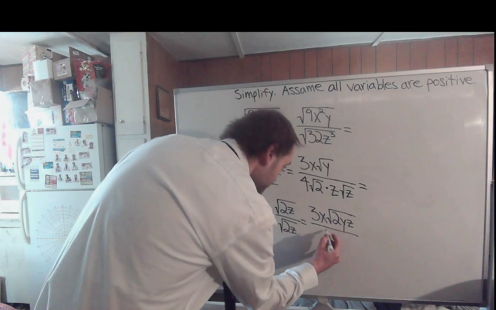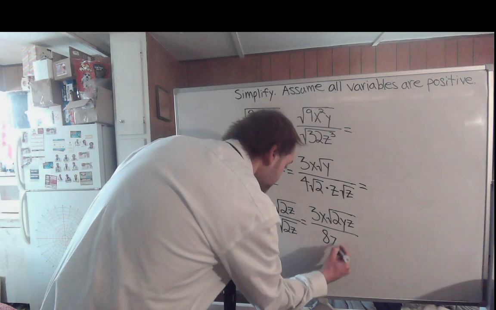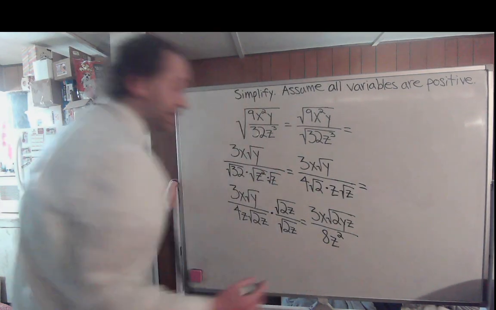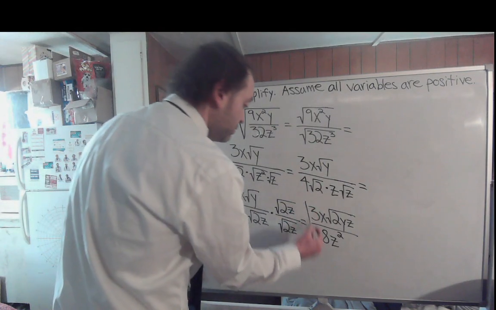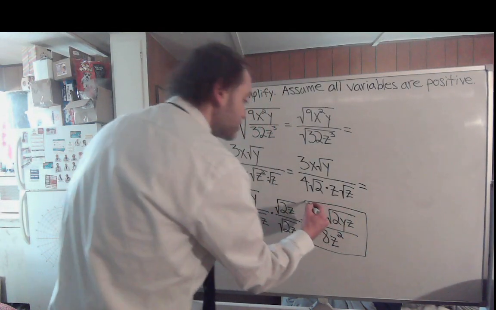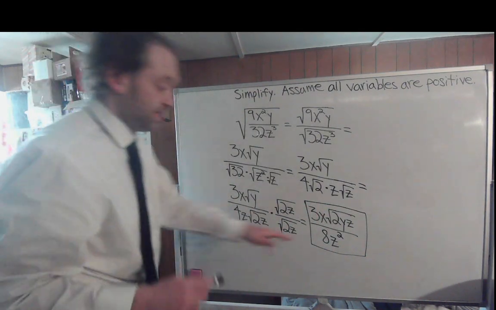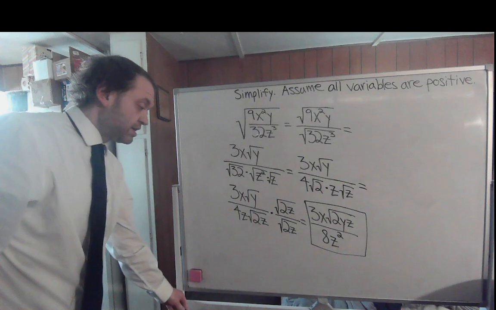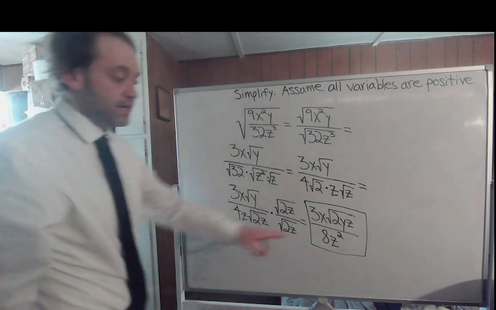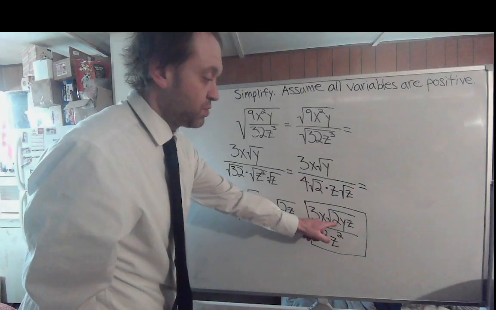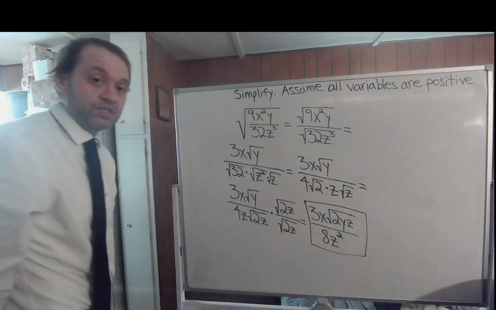That would be 8z squared. In fact, that's the best you can simplify. You'll end up with 3x times the square root of 2yz over 8z squared. Once you've rationalized your denominator, that's what you get. 3x times the square root of 2yz over 8z squared.